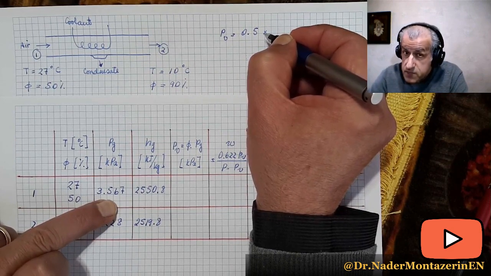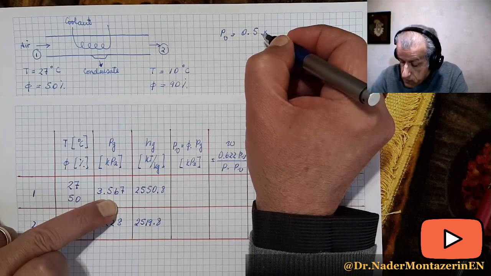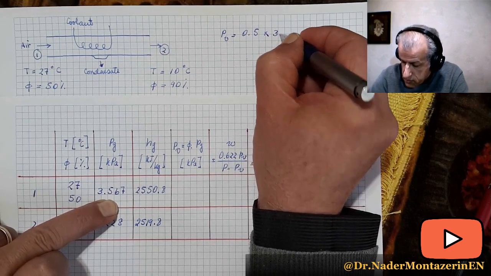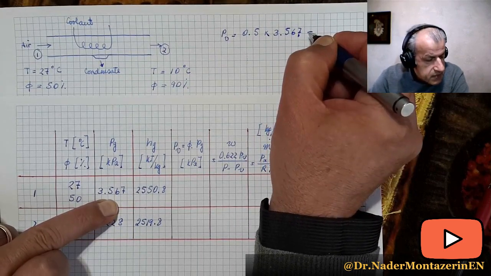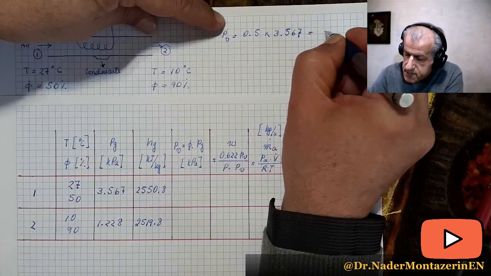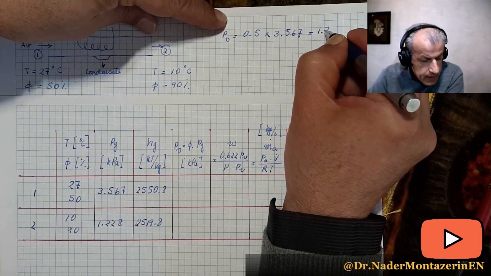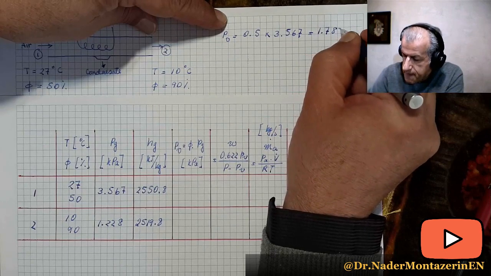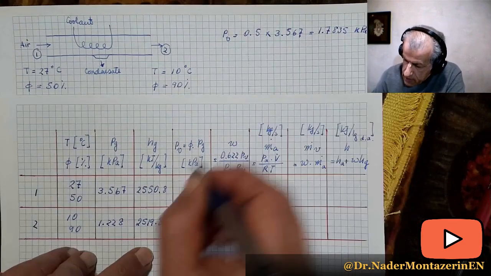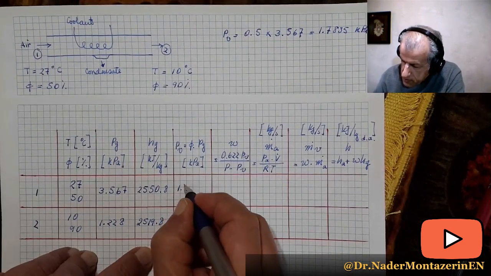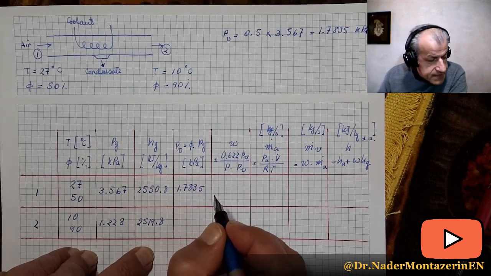And if water was saturated in this mixture, its partial pressure would have been 3.567. And therefore, PV here is 1.7835 kilopascal, which I would write here, 1.7835.